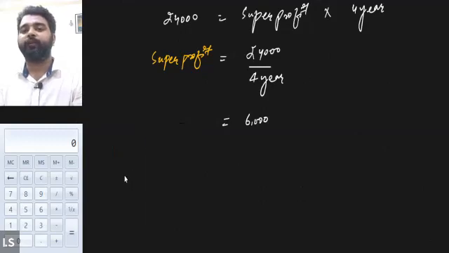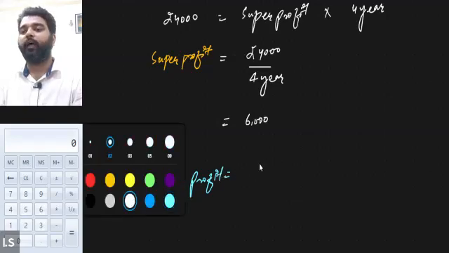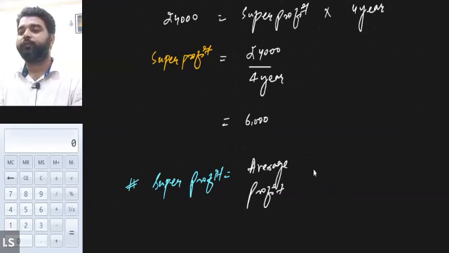Okay, got it, sir. Now let's apply the formula for calculating the super profit. How do we actually find out super profit? The formula of super profit is equal to average profit minus the normal profit, right?